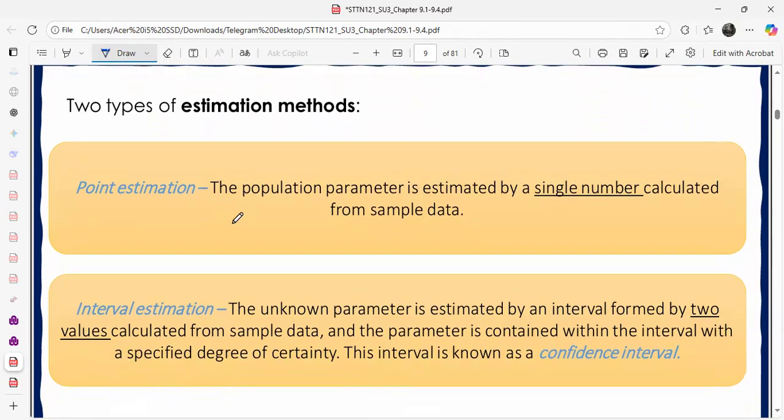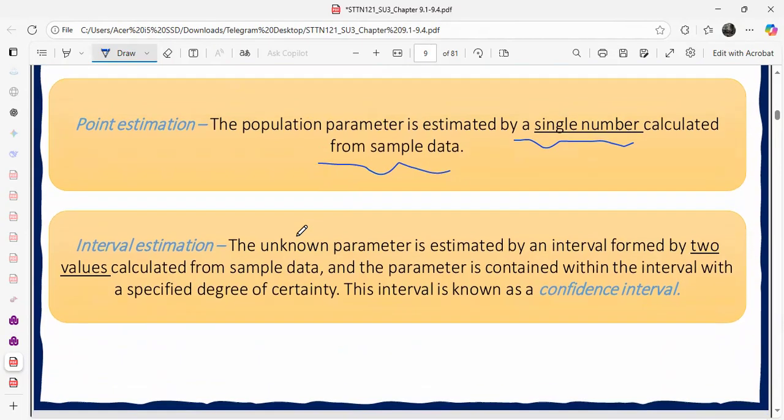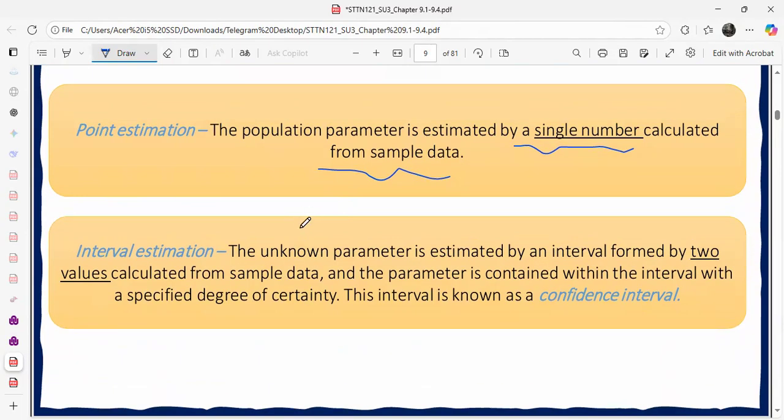We have two types of estimation: the point estimation and the interval estimation. In the point estimation, the population parameter is estimated by a single number, which is calculated from sample data. You will see when we do questions and examples.